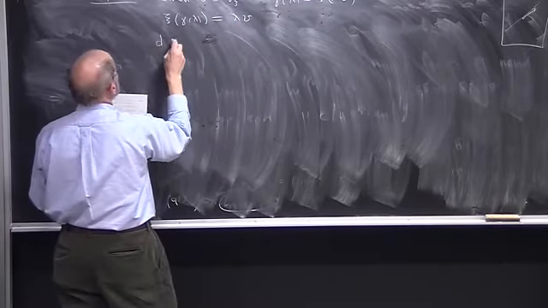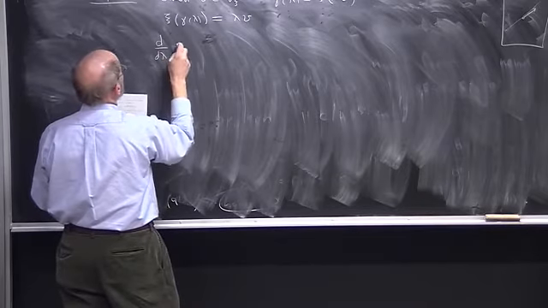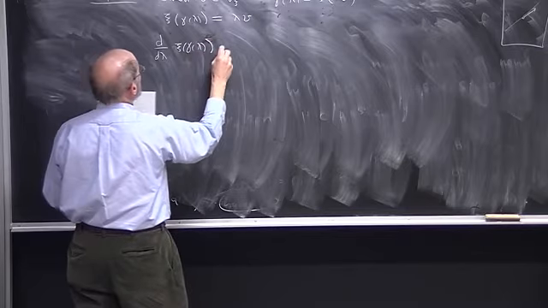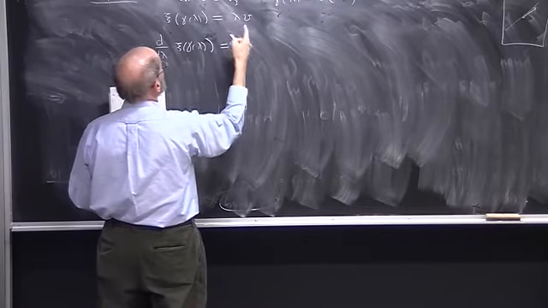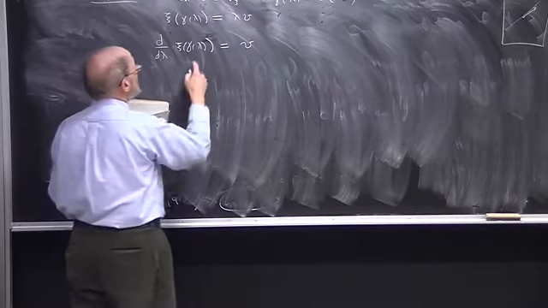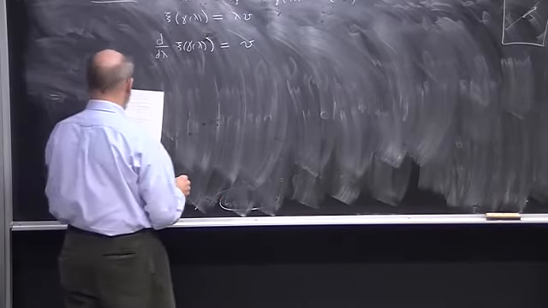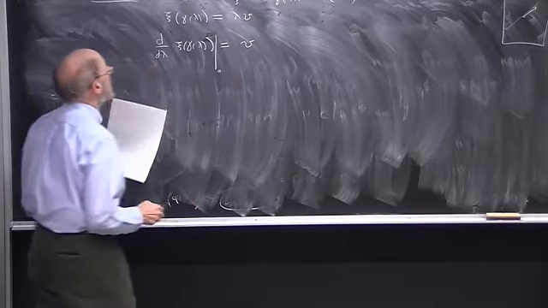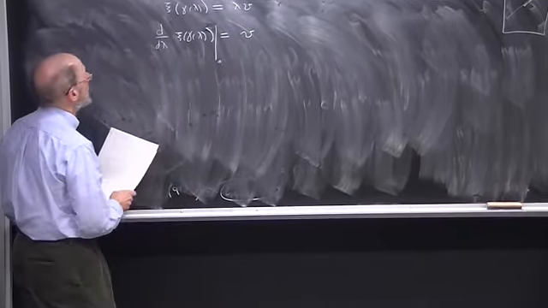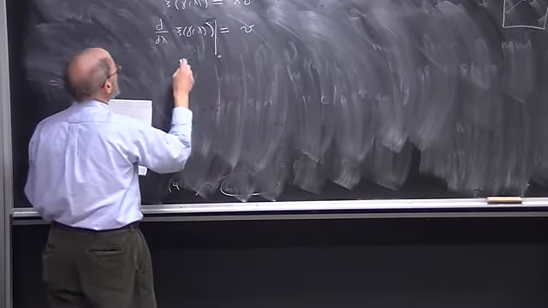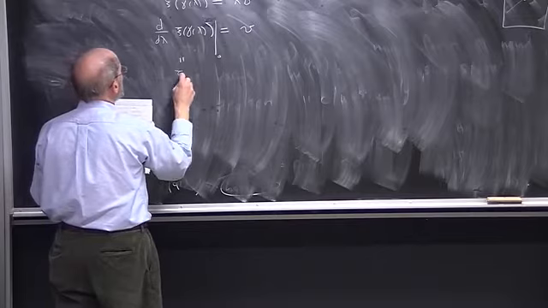So d by d lambda of C of gamma of lambda is equal to d by d lambda of lambda v, which is just v, completely independent of lambda. For all lambda, this is true. So in particular, if I evaluate the left-hand side at lambda equals 0, then the tangent vector is v.